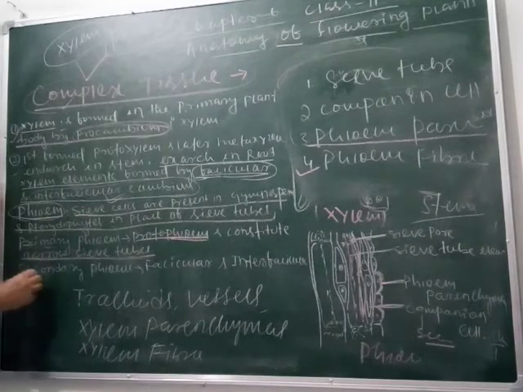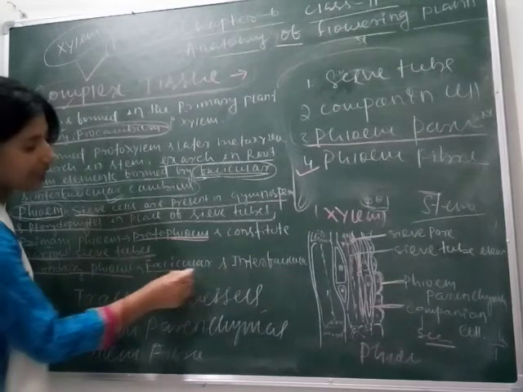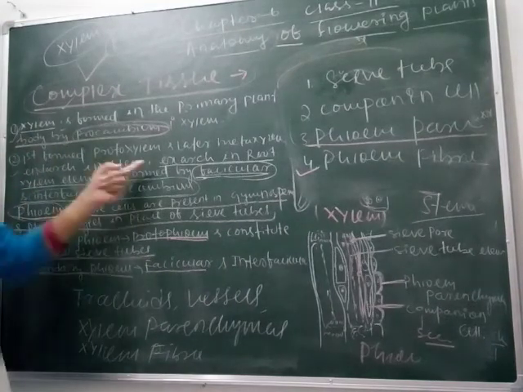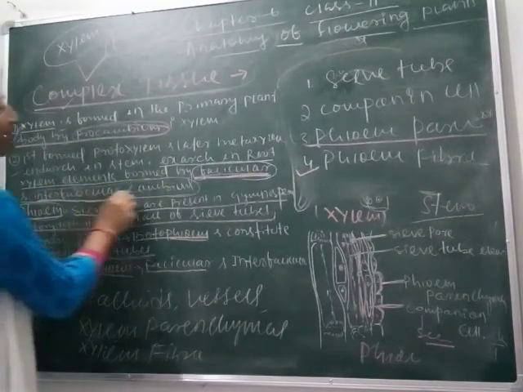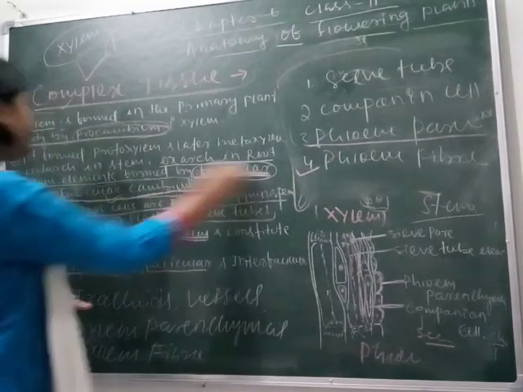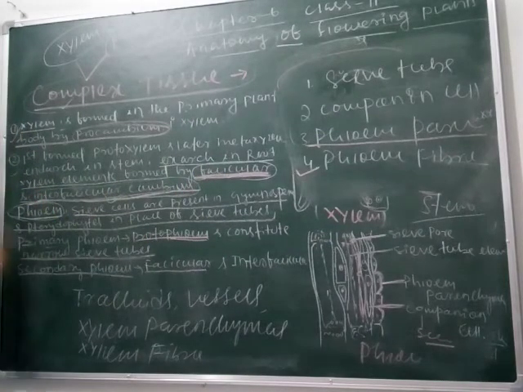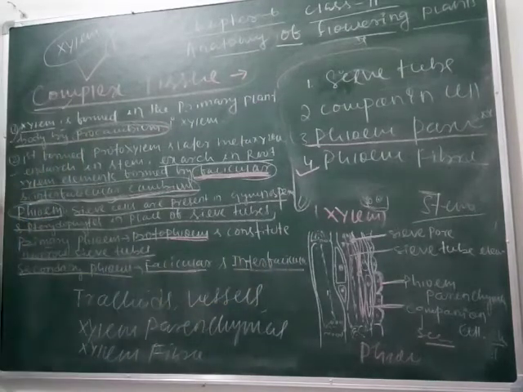Again, secondary phloem, like your secondary xylem, is made up of fascicular and interfascicular cambium. Like in case of xylem, here you can see I have written fascicular and interfascicular cambium form xylem elements. Here also fascicular and interfascicular cambium forms secondary phloem.